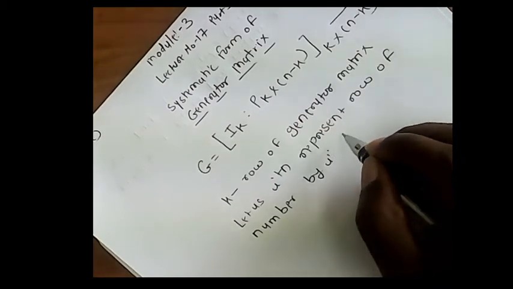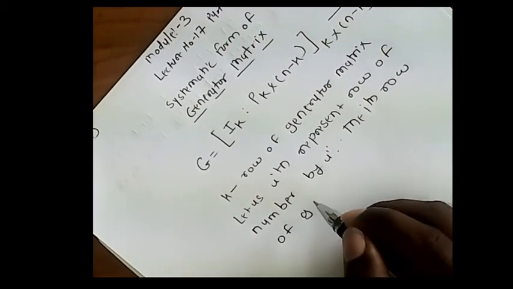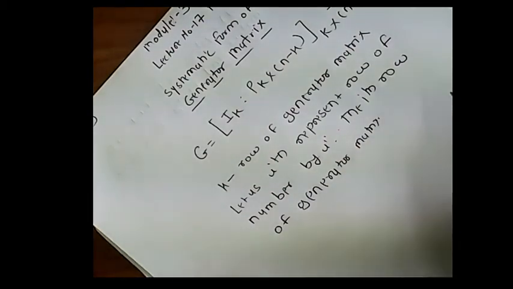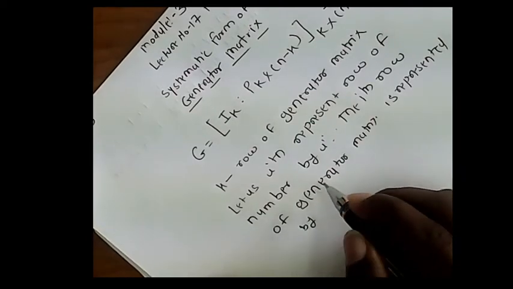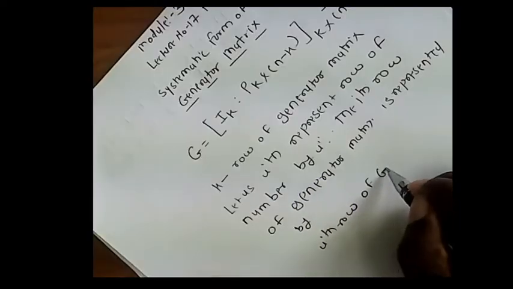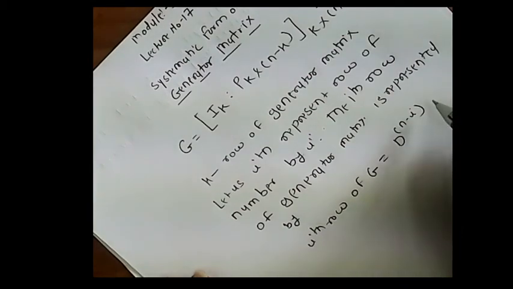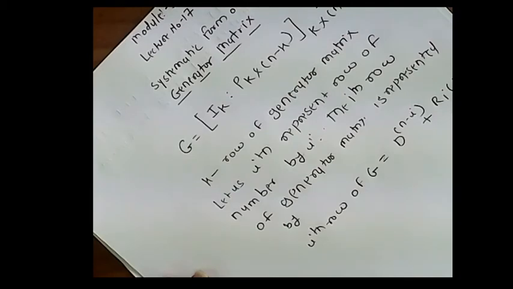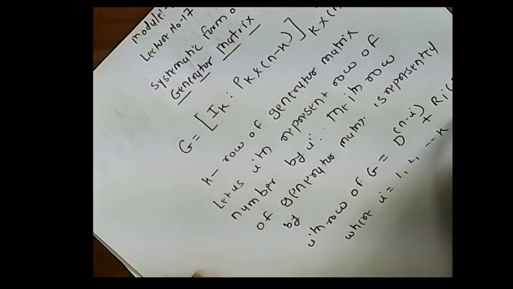The ith row of the generator matrix is represented in polynomial form as g_i of d, which is d raised to power n minus i plus r of d, where r of d is nothing but the remainder polynomial, and i runs from 1, 2 up to k values. This is equation number 2.